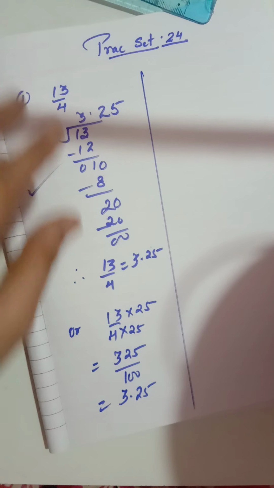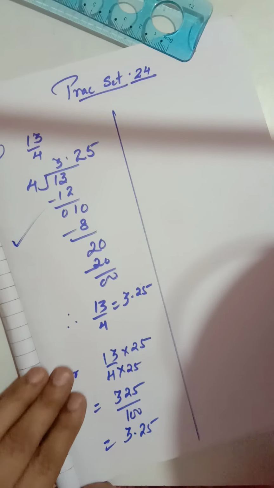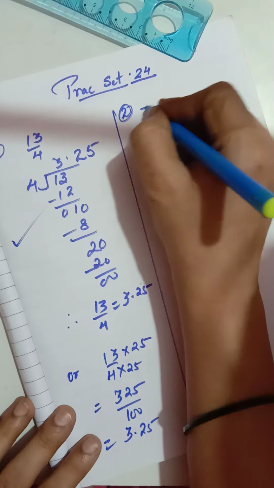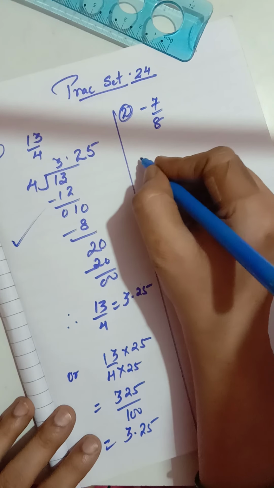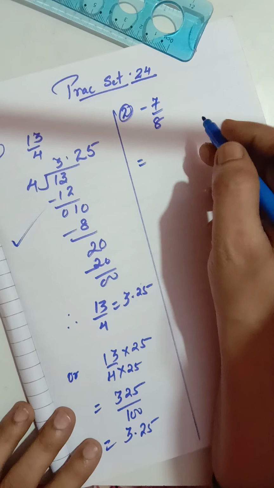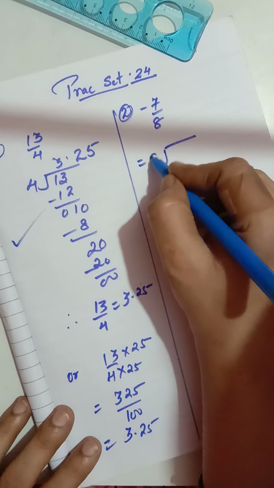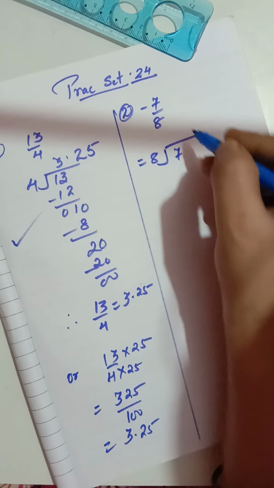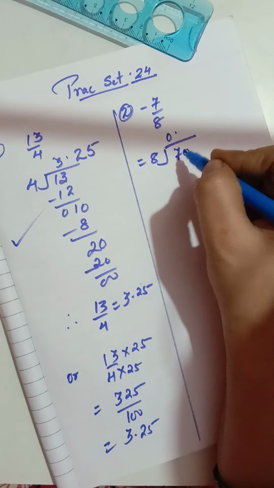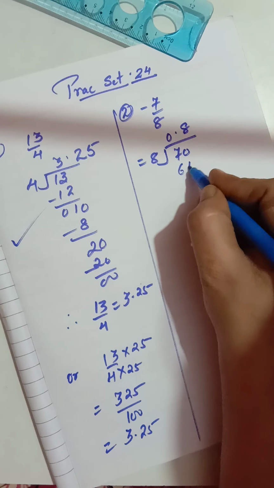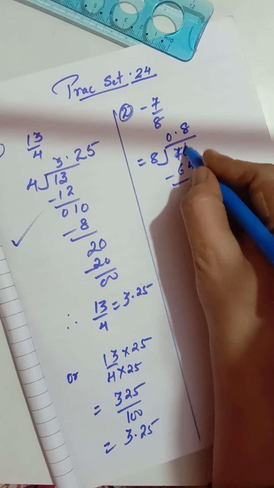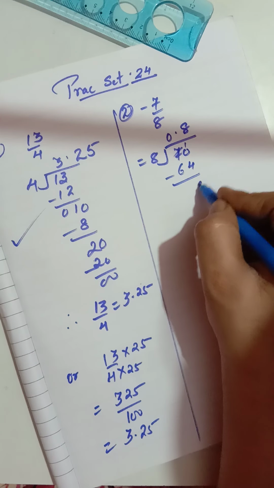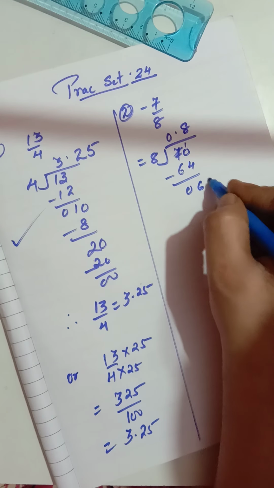Let us start with the second question, that is minus 7 upon 8, children. As I have already told, minus sign you will not consider, that is 8 and 7. Now this is becoming 0 point. 8 8s are 64, cancel 10, 10 minus 4, that is 6, 6 minus 6 is 0, now 0.